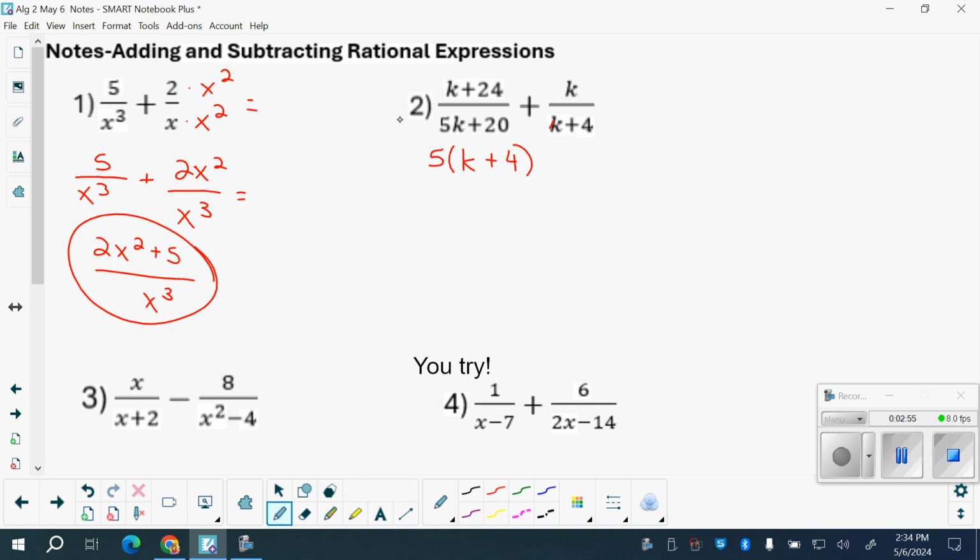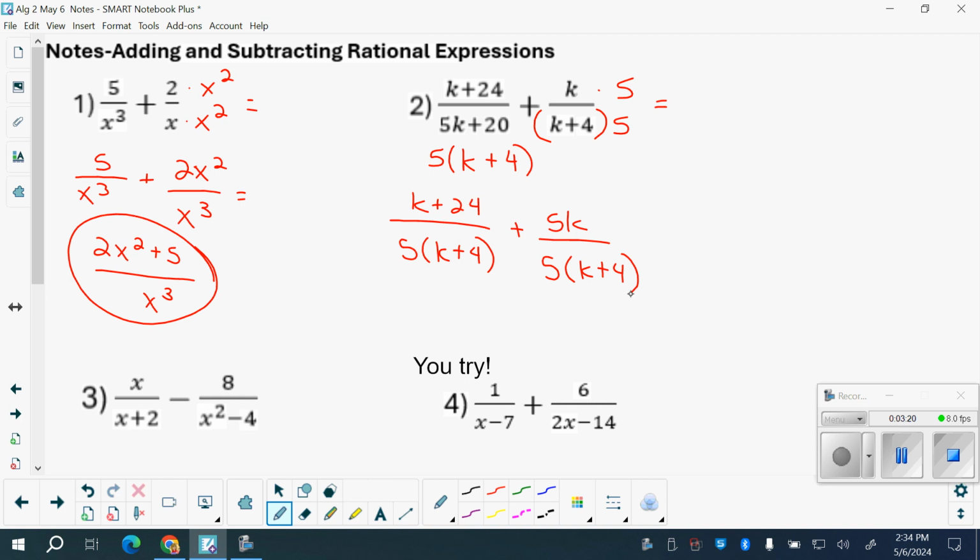So what is in this denominator that's not in this one? The 5. So we need to multiply the numerator and the denominator by 5. So this gives us k plus 24 over 5 times k plus 4 plus 5k over 5 times k plus 4.